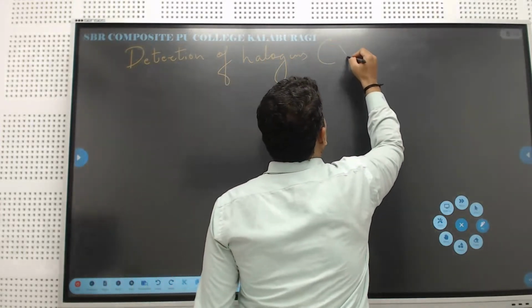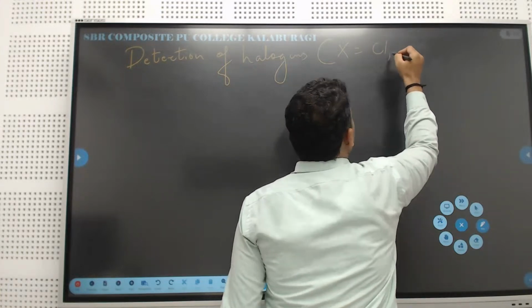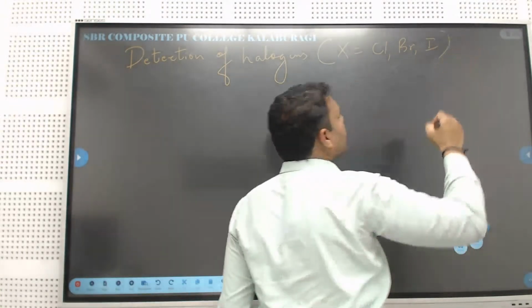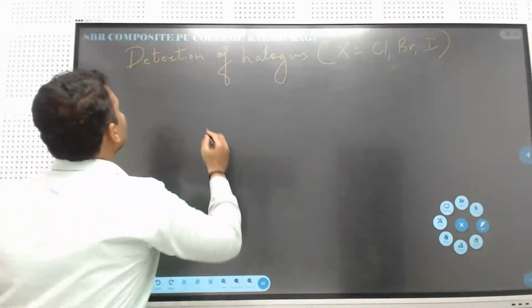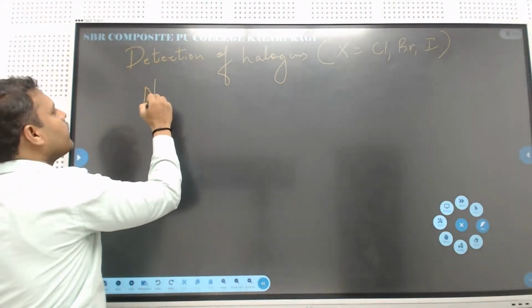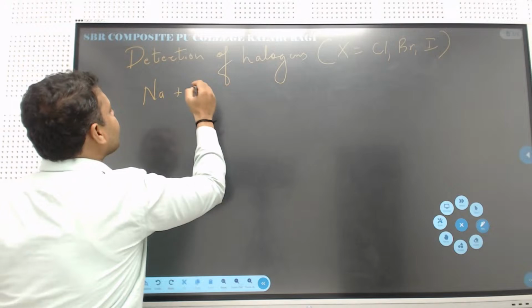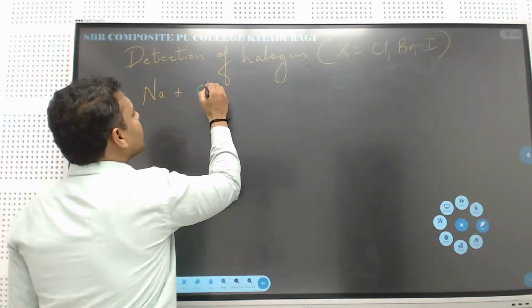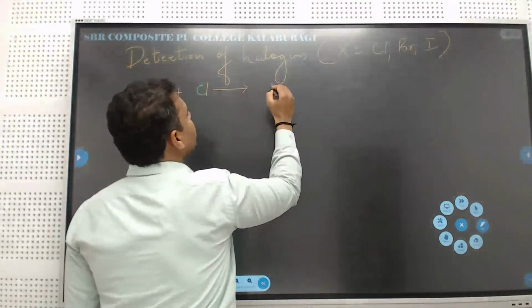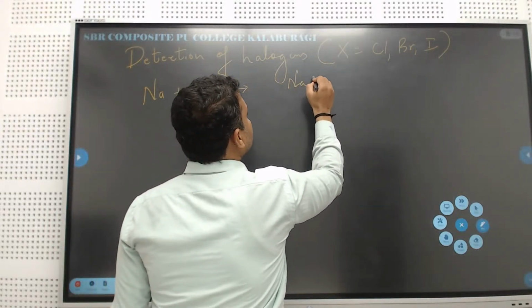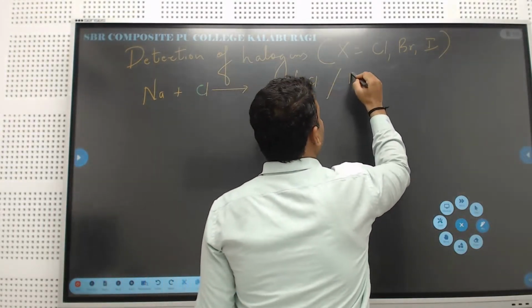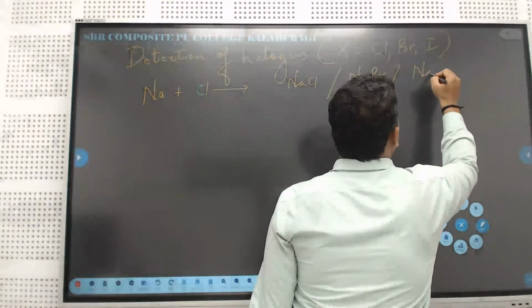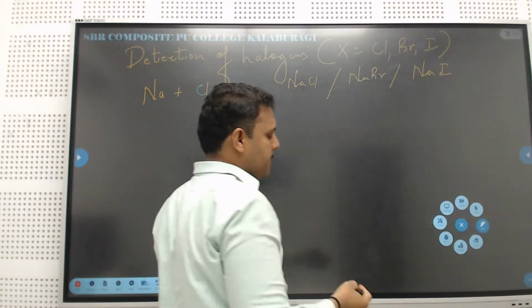Halogens, basically we can say that it might be Cl, or Br, or iodine. So the halogen present in the organic compound, when we treat it with sodium metal, if it is Cl, then we will have NaCl, or it might be NaBr, or NaI.